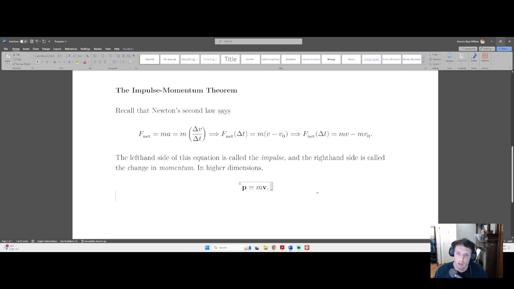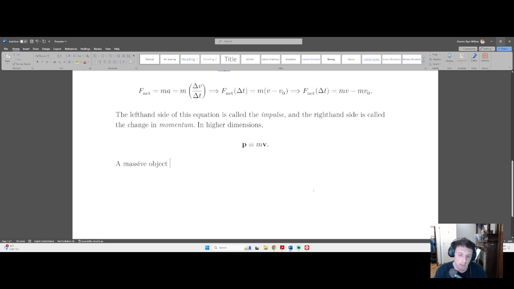Another way of saying this is that an object, let's say a massive object, and by massive I just mean it has mass, it's not negligibly massive, of mass m moving with some velocity v, has some non-zero momentum p.